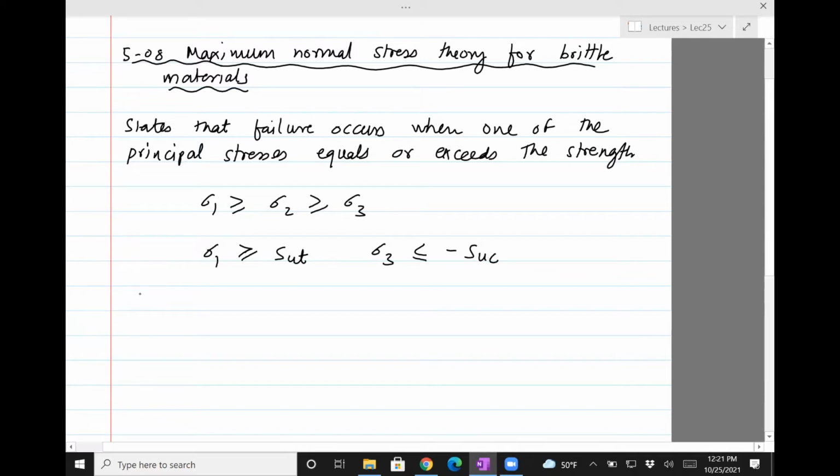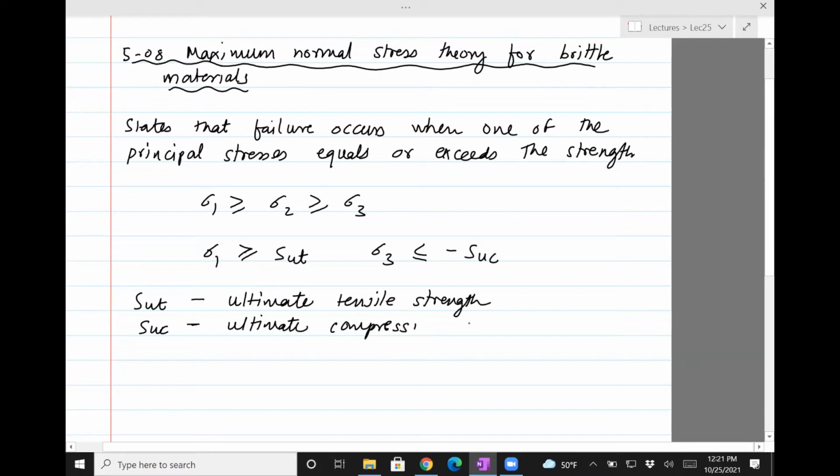SUT is the ultimate tensile strength, and SUC is the ultimate compressive strength. That's when failure will occur.